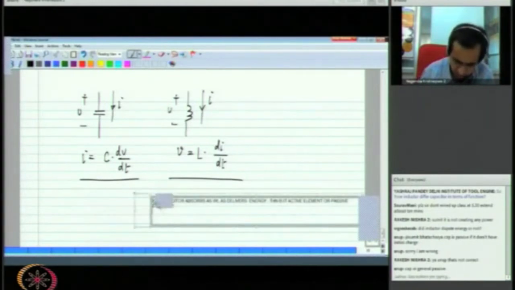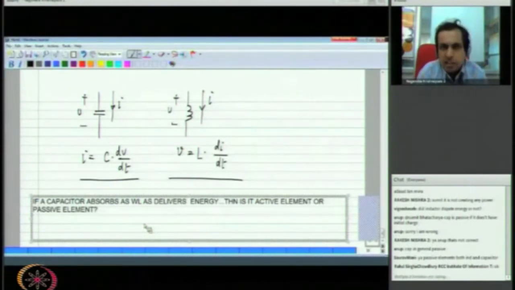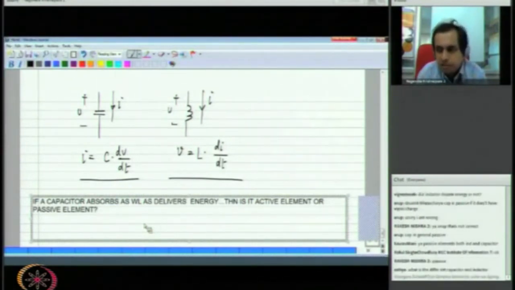So this was the question. Again, I would probably turn this back on the participants and ask, what do you think it is? Is a capacitor an active element or a passive element? And of course, exactly the same question can apply to an inductor.